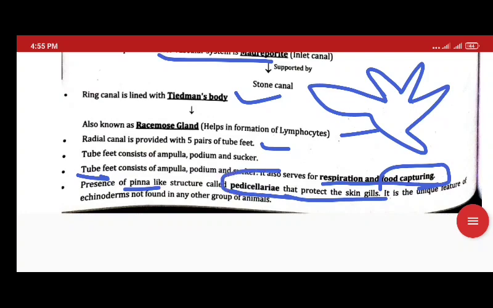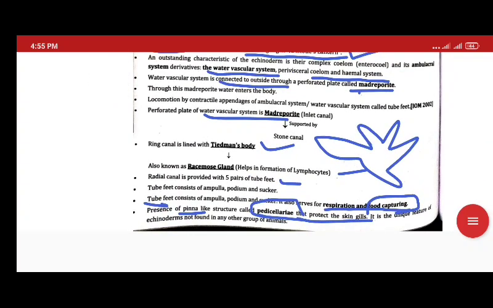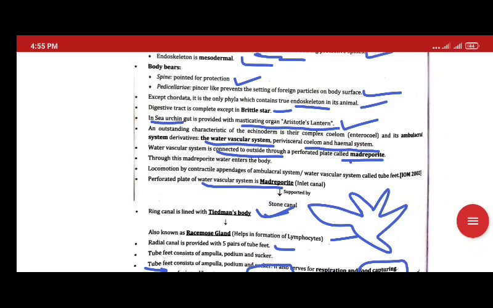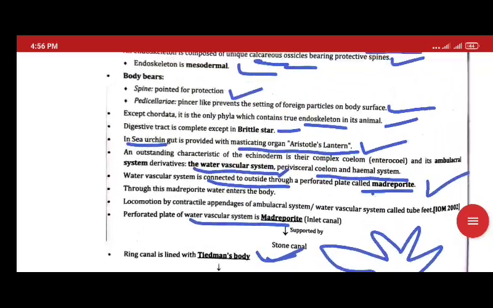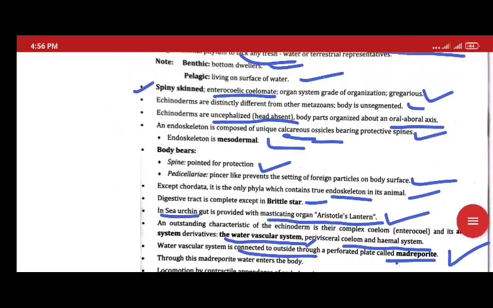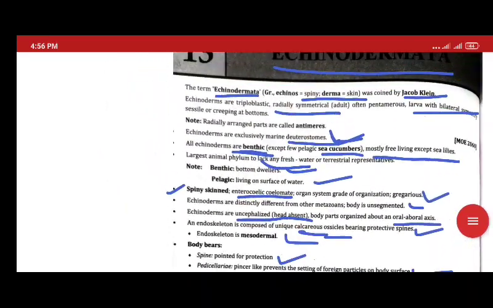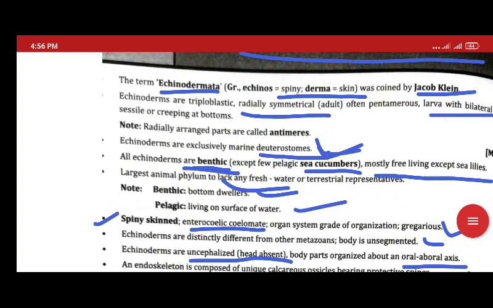You should remember pedicellariae, the rasping organ, Tiedemann's bodies, and the water vascular system. This is important: the madreporite for the water vascular system. You should understand this also. Wholly marine.